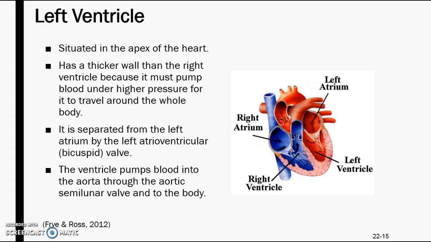It has a thicker muscular wall, so more myocardium than the right ventricle, because it has to pump blood under a high pressure, and the aorta is considered a high pressure vessel. And then from the aorta, oxygenated blood will travel to all of the other arteries in the body and oxygenate our tissues.